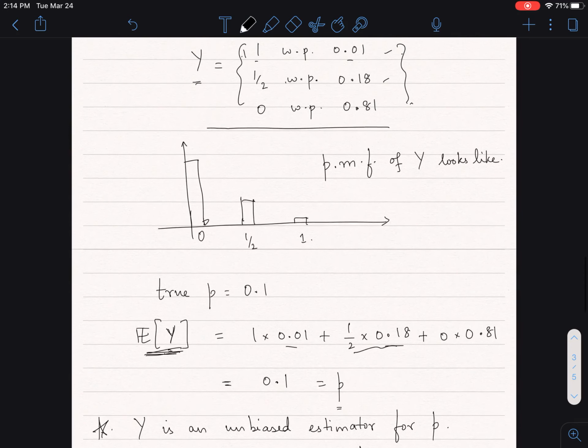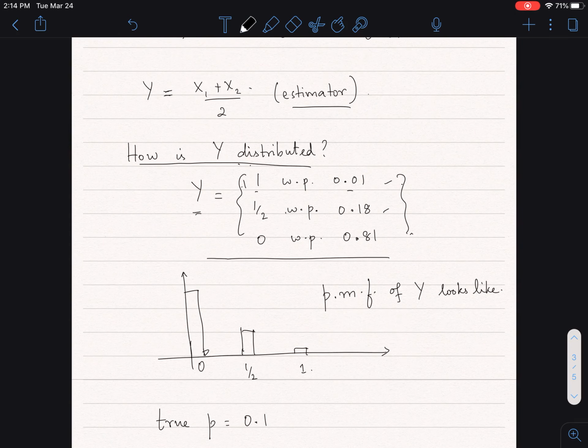So we know that Y is distributed like this, right? So Y is 1 with certain probability, Y is half with certain probability, and 0 with certain probability. Now, the true value of the parameter, which is p, the value that we care about, is always away from Y, like we observed before.